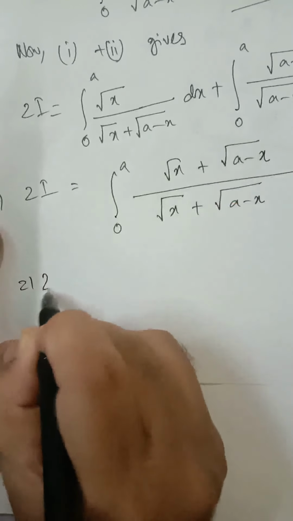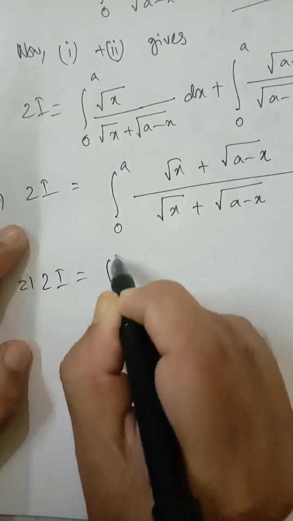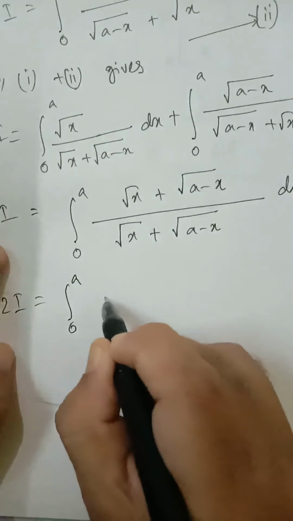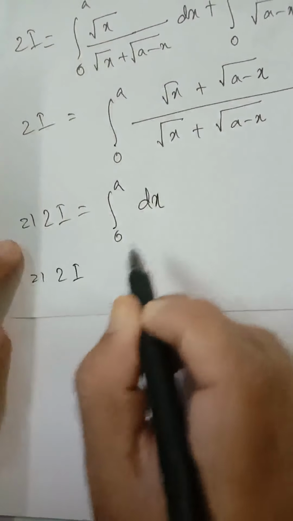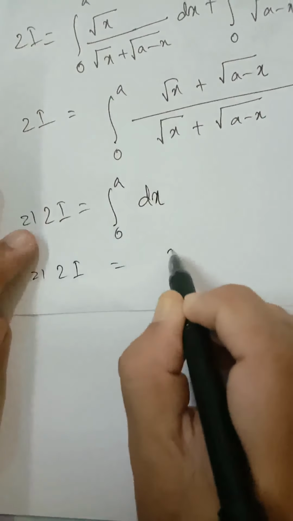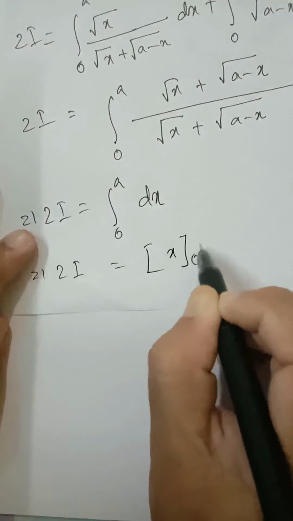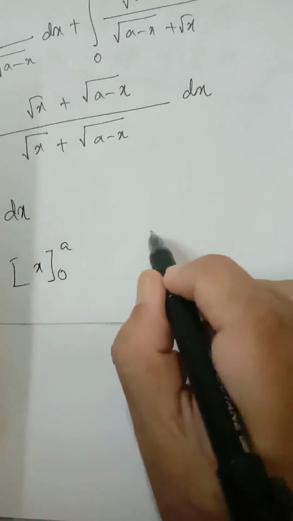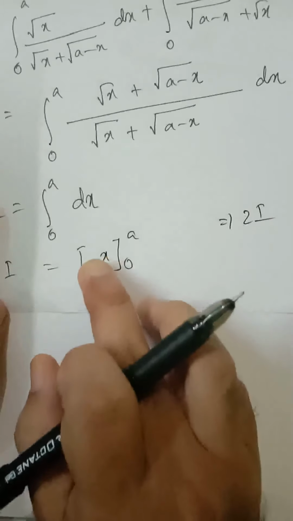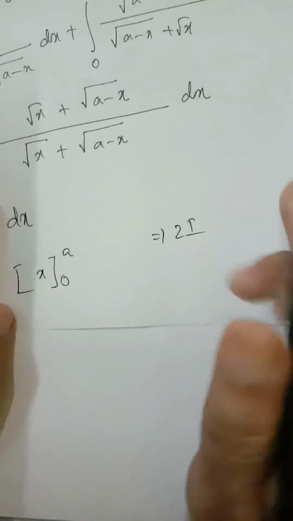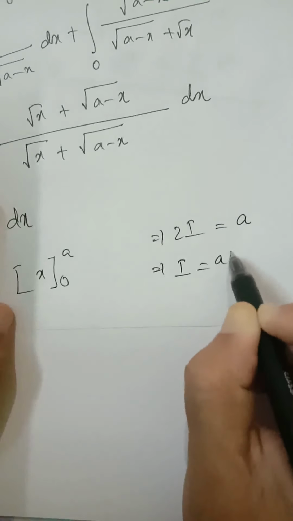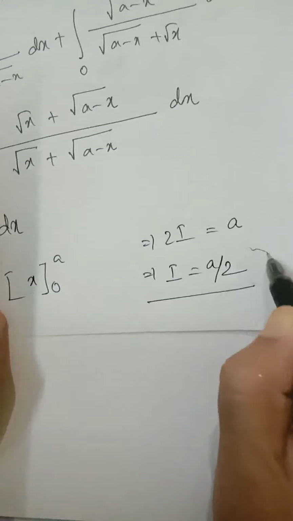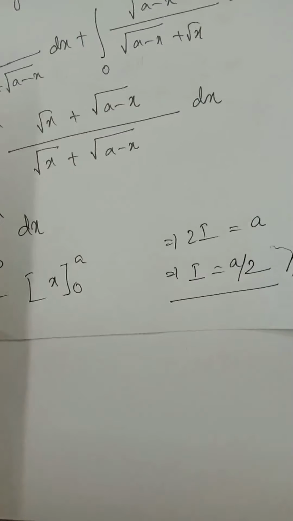So twice I equal to the integral from 0 to a of dx. The integration of dx is x, from 0 to a. So twice I equal to, if we replace x by a, we will get a minus 0. So it will be a. I equal to a by 2 is the answer. A by 2 is the value of the integral.